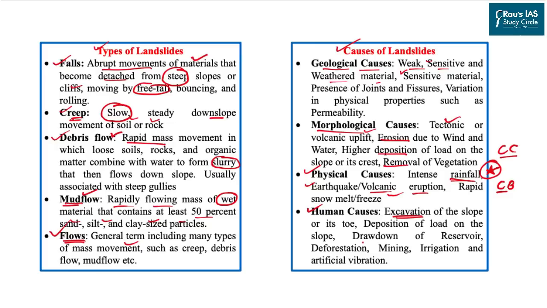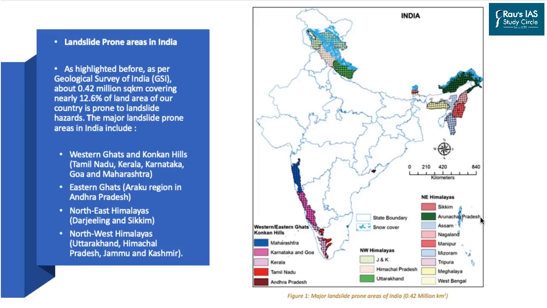We have high levels of developmental activities, including deforestation, mining, irrigation, and the development of reservoirs, including large dams, which have caused a tectonic shift in the ecological system of the Himalayan region. So considering these types and causes of landslides, what we are observing is that India has very defined areas of landslides in the country.